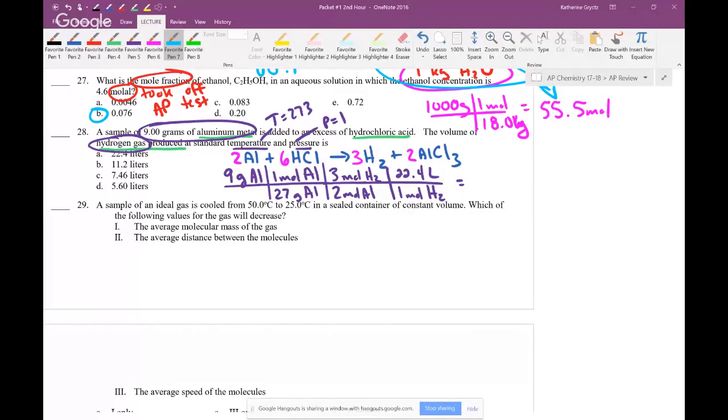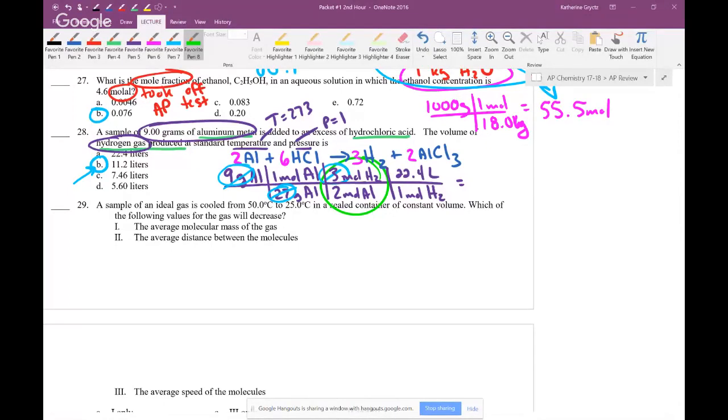This one's a really good one to practice without a calculator. You have the 9 and the 3 on the top and the 27 on the bottom. The 3 smokes out, and so the question is actually 22.4 over 2. But if you didn't have this mole-to-mole ratio, then you were probably trying to multiply 9 times 22.4 and then divide by 27, and it was a giant mess.